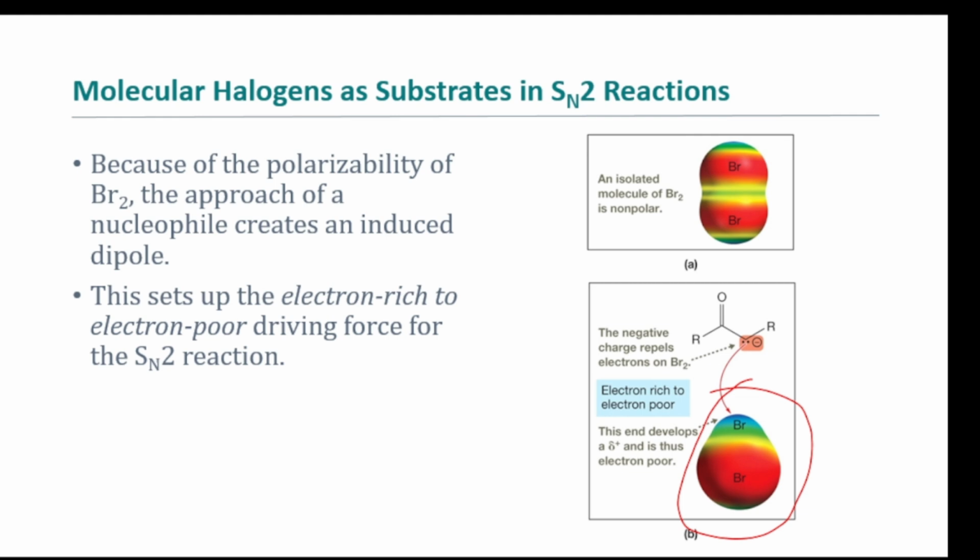This sets up the electron-rich to electron-poor driving force for the SN2 reaction. Even though there's not normally a positive charge on the Br, it's very easy to flow electrons along the Brs, and so it can induce that state. This is how those can then be electron poor.